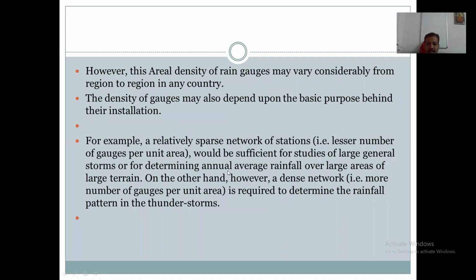So it depends upon the area. For a large area, it requires a larger number of rain gauge stations. For a small area, it will require fewer rain gauges.